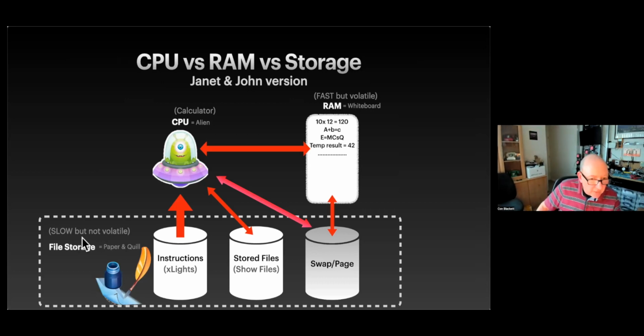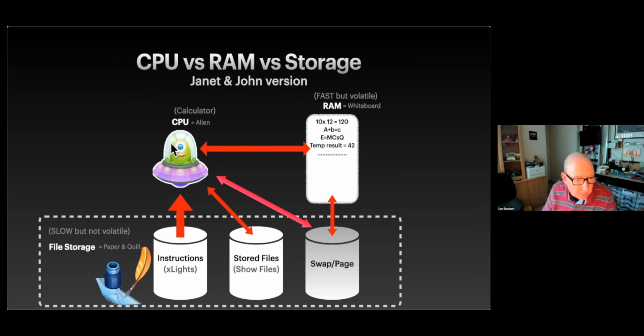It's slow, but the advantage is that it's what they call non-volatile, which means when you turn the computer off, it's still there when you come back. The problem with RAM, random access memory, is that as soon as you turn the PC off, it's gone. That's why I like to think of it as a whiteboard that, when the power goes off, just rubs itself out. So they're, if you like, the building blocks. You've got your CPU.